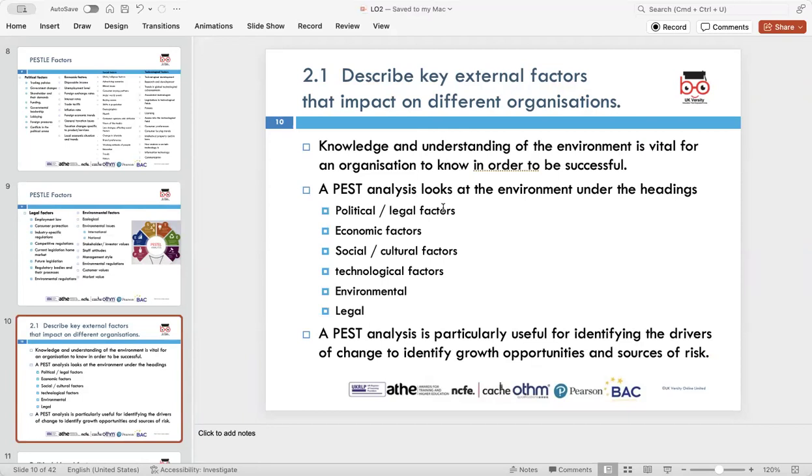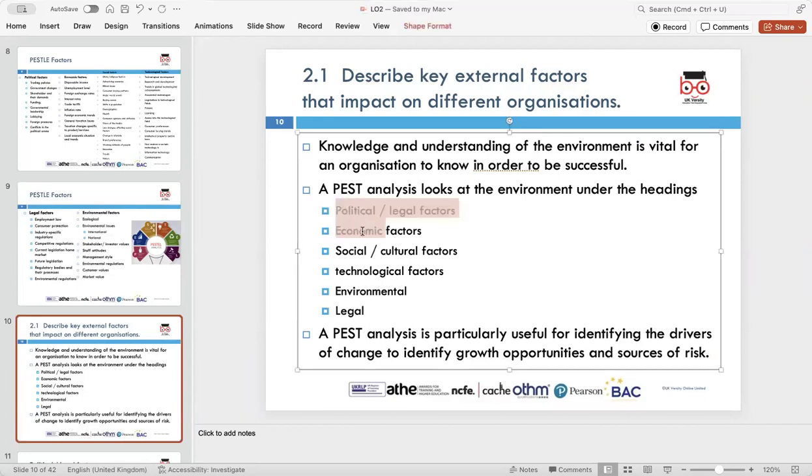So, PESTLE analysis looks at the environment under these headings. In order to identify growth opportunities and sources of risk, a PESTLE analysis evaluates the environment by considering the following factors: political and legal, economic, social and cultural, technological, environmental and legal.